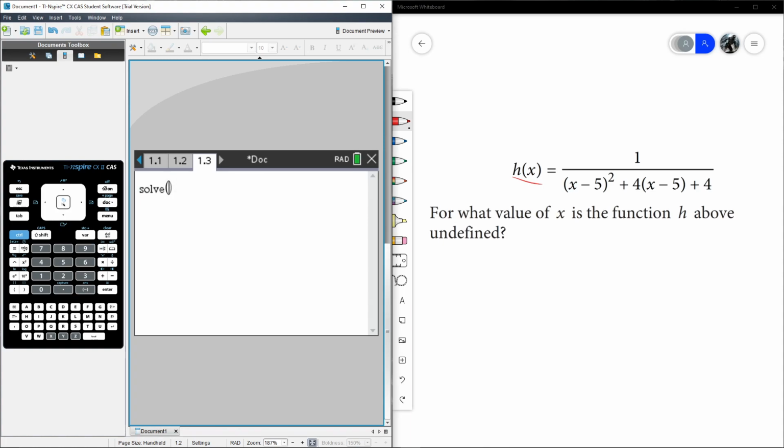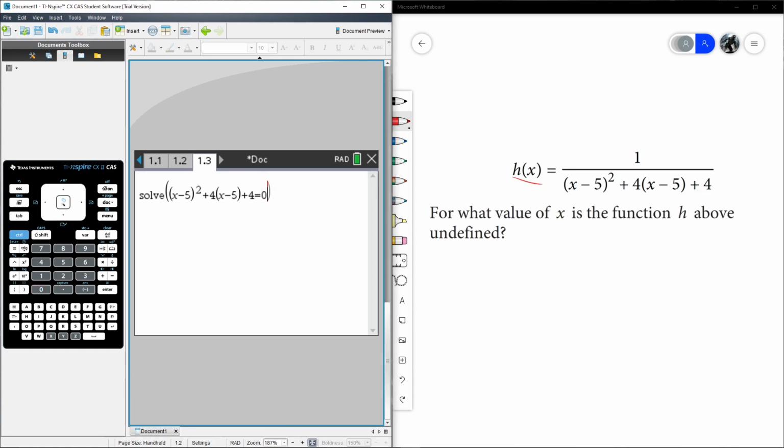And so what we want to do is, in parentheses, x minus 5 squared plus 4 x minus 5 plus 4 equals 0, because we want to see what value of x will make the denominator equal 0, and when the denominator equals 0, then you know that function h is undefined at that point.